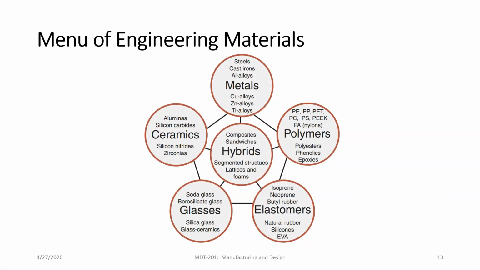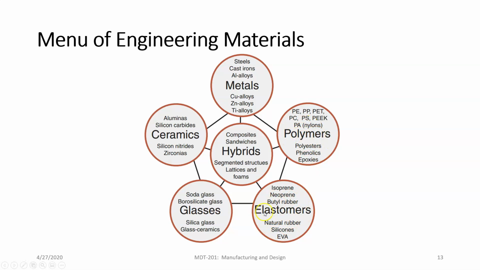So this is a graphic that helps us to understand the different materials that we have, the menu of engineering materials, so to speak. At the top we have metals: steels, cast irons, aluminum, copper, zinc, titanium. Obviously there are others. This is not an exhaustive list. Then, going clockwise, we have the polymers, the plastics: polyethylene, polypropylene, all the different polyesters, phenolics, epoxies, nylons.